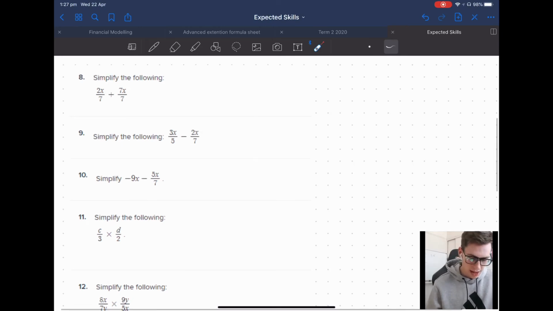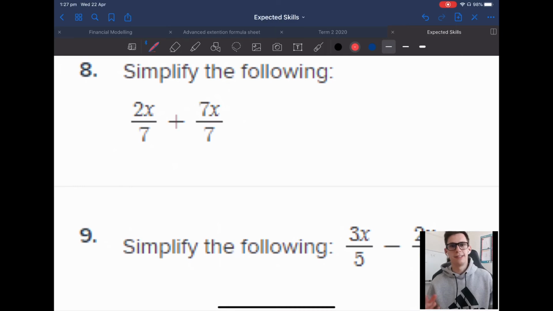That's pretty good. These ones are going to be some fraction skills. So the thing with adding and subtracting fractions is we can only bring the numerators together when the size is the same, and that size is the denominator.